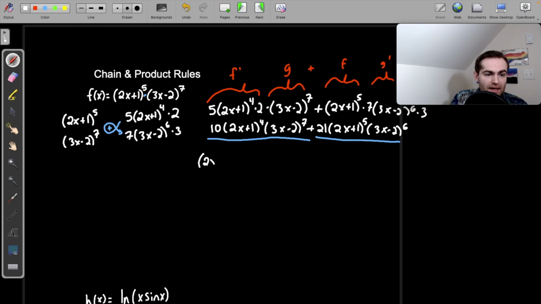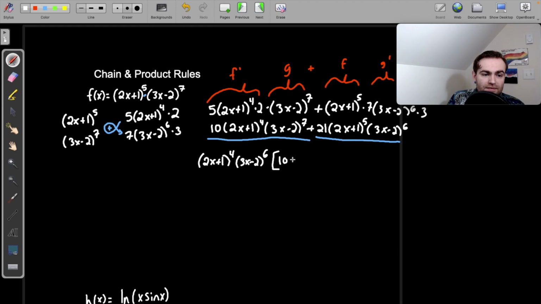So (2x plus 1) to the 4th. And they also have that 3x minus 2 in common. And they have 6 of those in common. What does that leave us with? Well, it leaves us with 10. We took 4 of those out, so that reduces to 1.